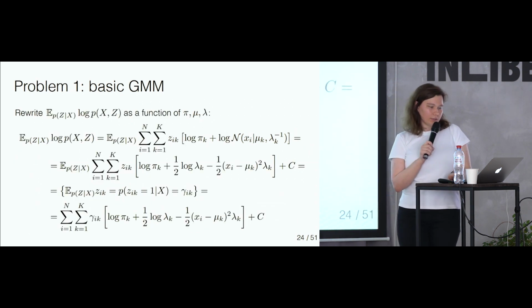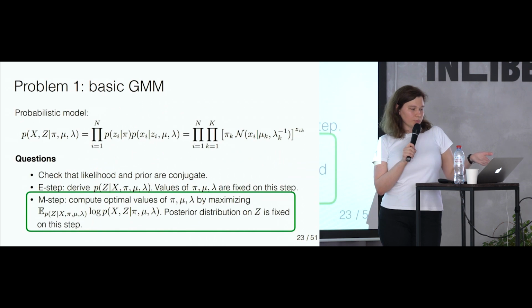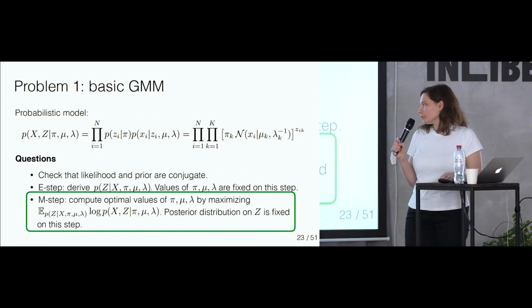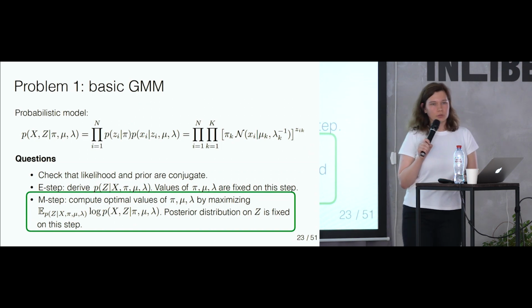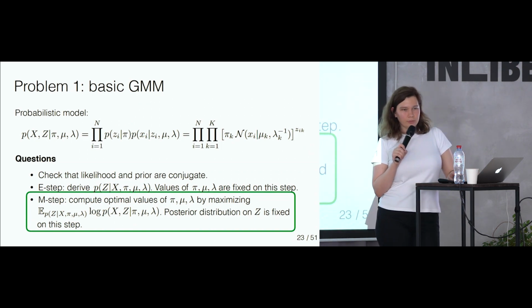So first, on the last point, you need to maximize this expectation of the logarithm of the joint probability with respect to your parameters. So first, you need to rewrite this expectation as a function of your parameters to understand what to optimize. Let's do it.